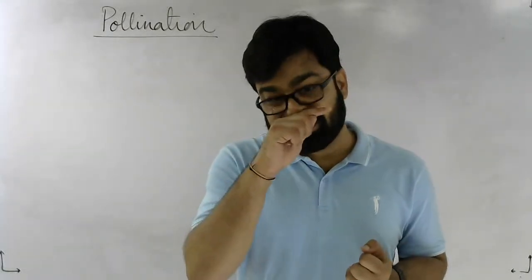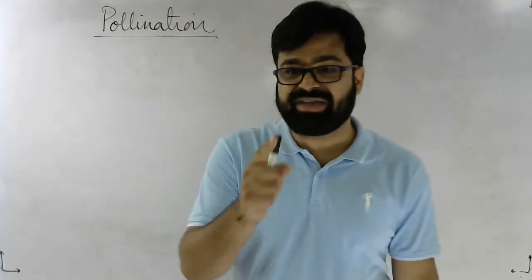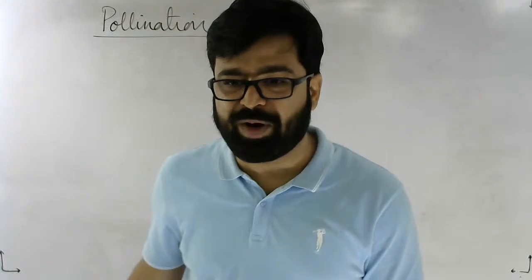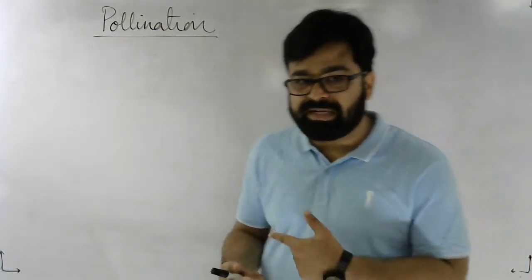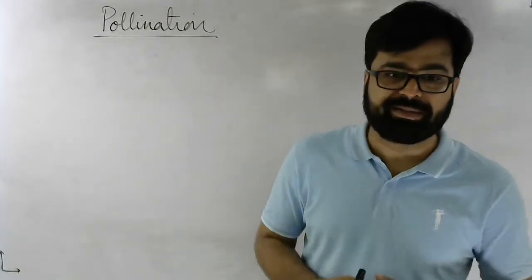Okay, and what do we call the plants which are pollinated by the wind? Yes, yesterday we discussed it. Quickly write in the chat box, what do we call the plants which are pollinated with the help of wind?